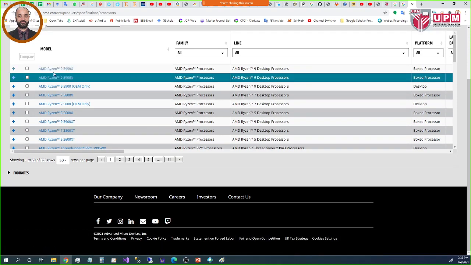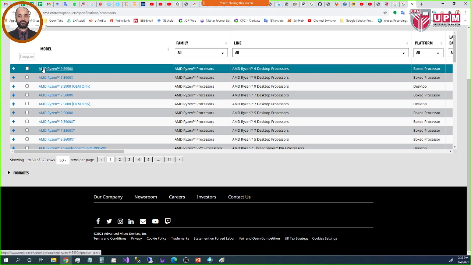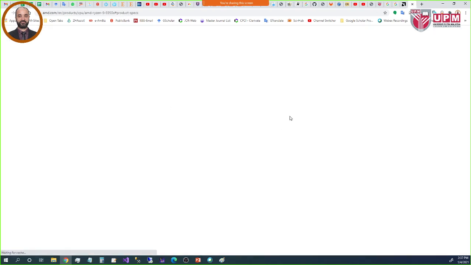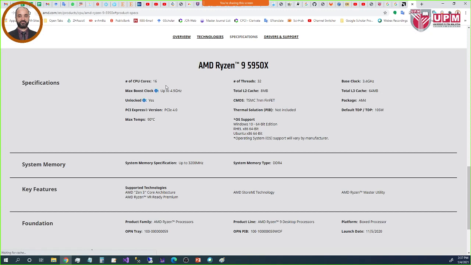So here, if you can see, let us take the AMD Ryzen 9. Let us see its specifications if we can find. So it has 16 cores, guys. It has 16 cores, and it's up to 4.9. So its performance is similar to the i7. Okay. Its L3 cache is 64 megabytes.